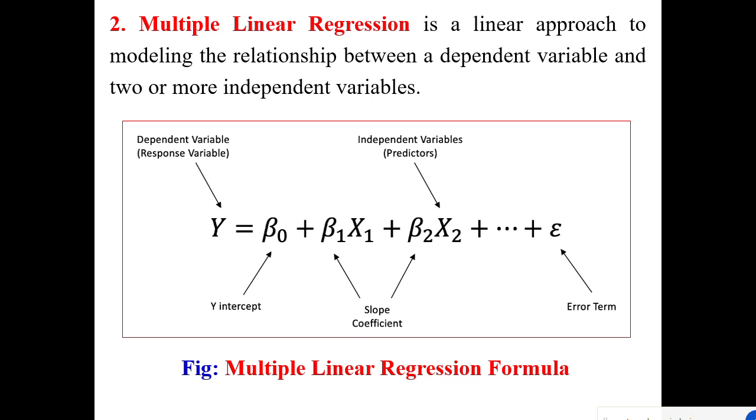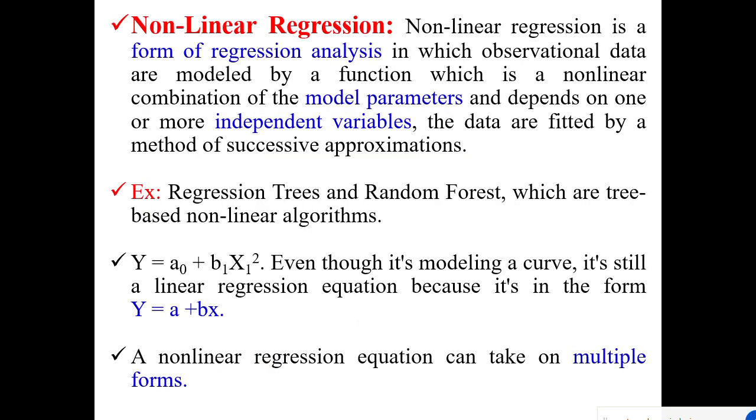Those are the predictors. Y is the dependent variable, b naught is the y-intercept value, b1, b2 are slope coefficients, and we also get an error term. By using this formula we calculate multiple linear regression.